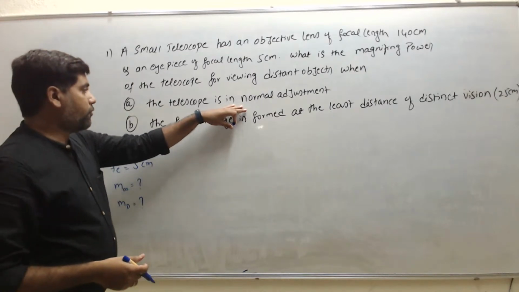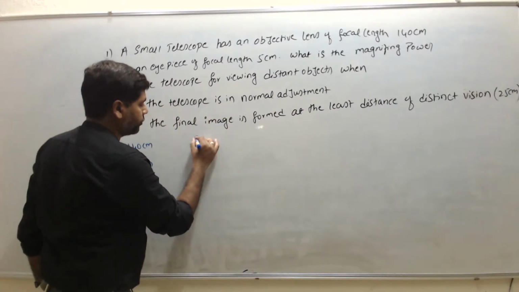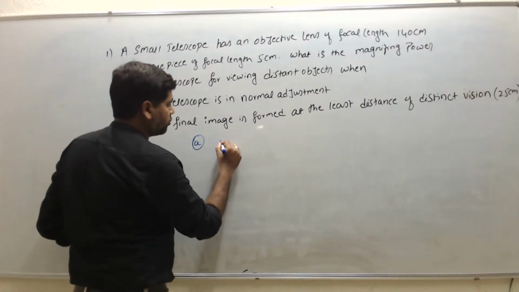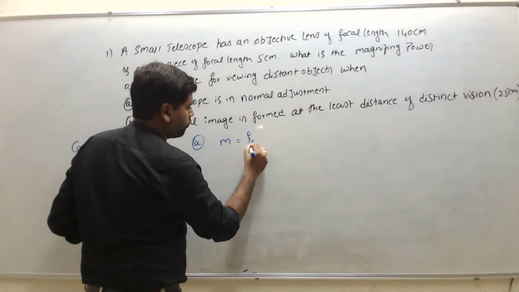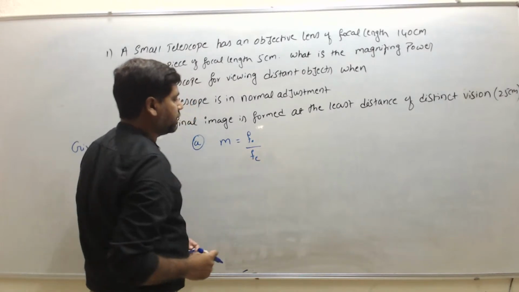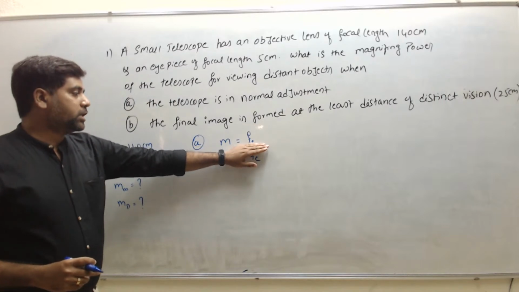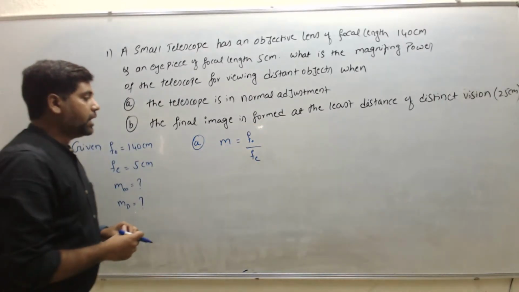So we know for first case the magnifying power M is equals to f0 divided by fe, focal length of the objective lens to the focal length of the eyepiece.